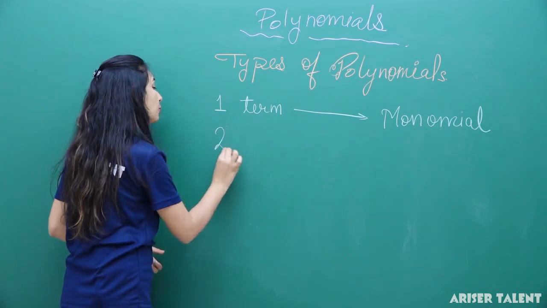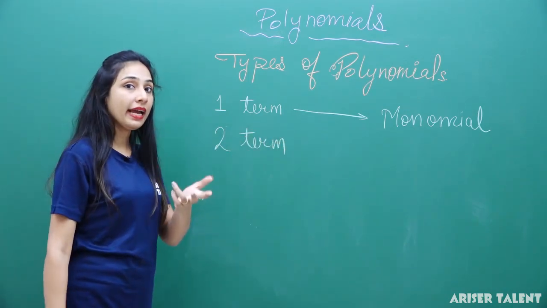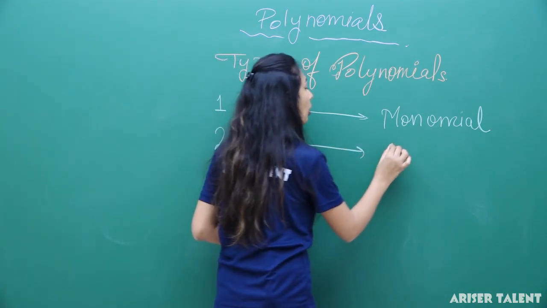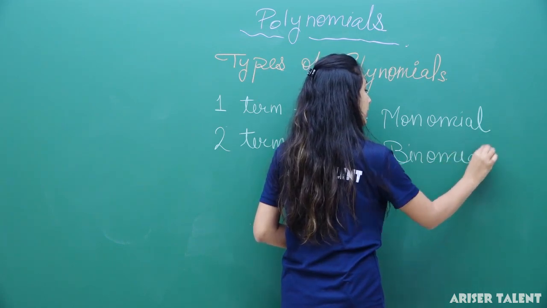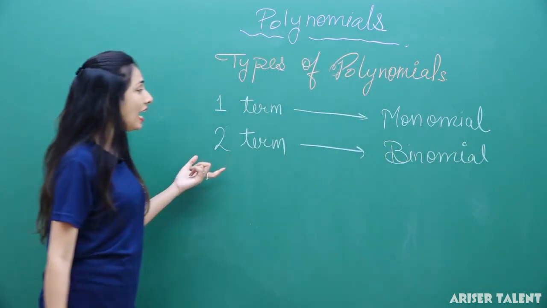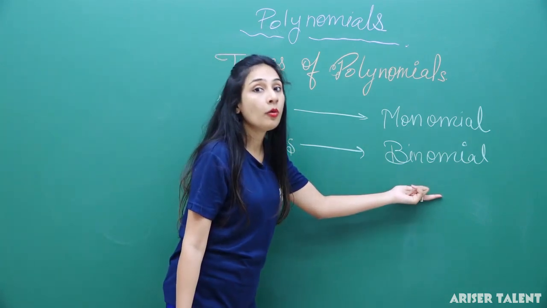Then if it is having 2 terms, we write bi for 2, so binomial. Say it with me. If you are having 2 terms, then it will be known as binomial.